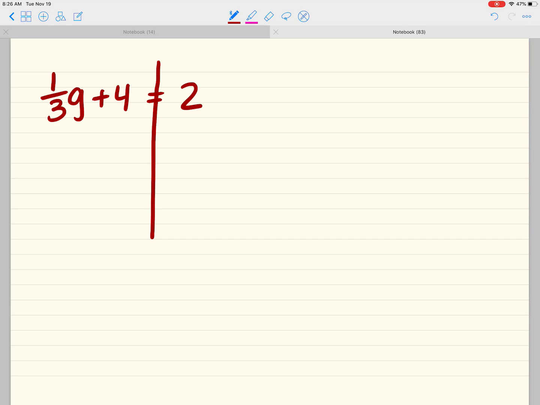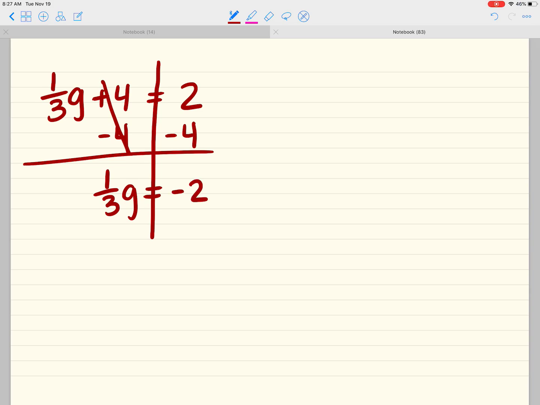Positive 4. How do I get rid of positive 4? Subtract 4, right? The opposite of positive 4 is negative 4. So those cancel. Positive 4 minus 4 would give you 0. That would leave me with 1/3 g equal to what? What is 2 minus 4? Negative 2.